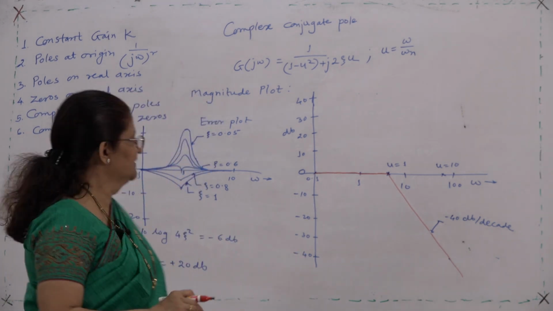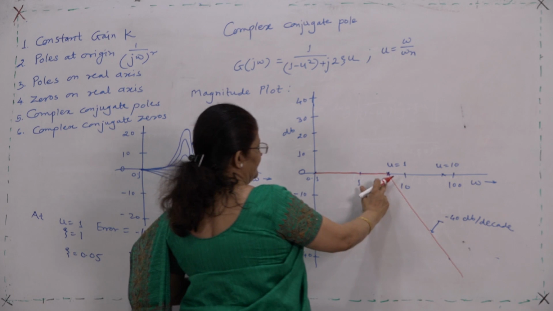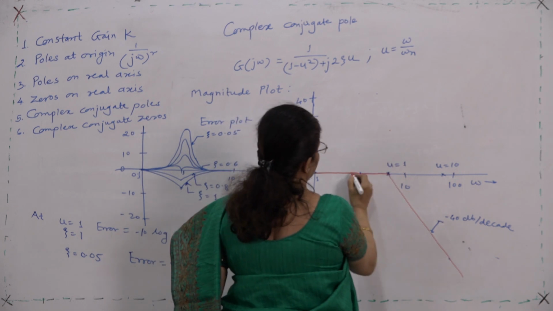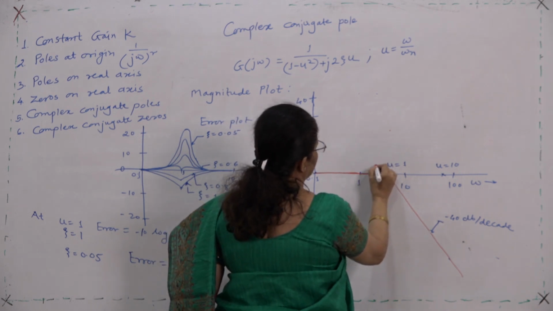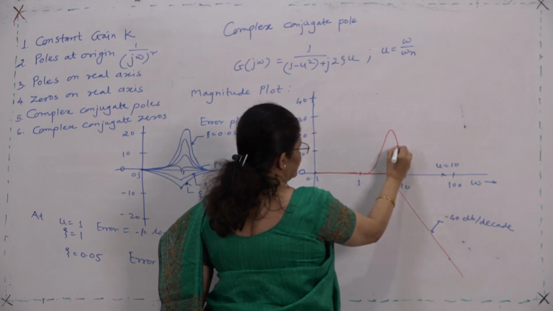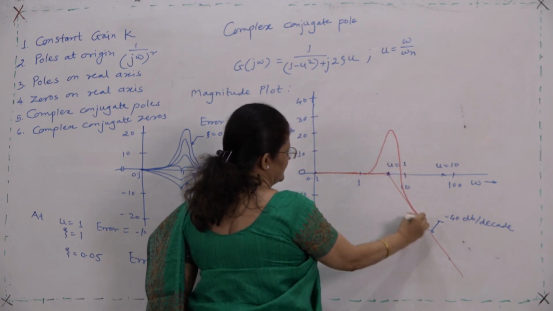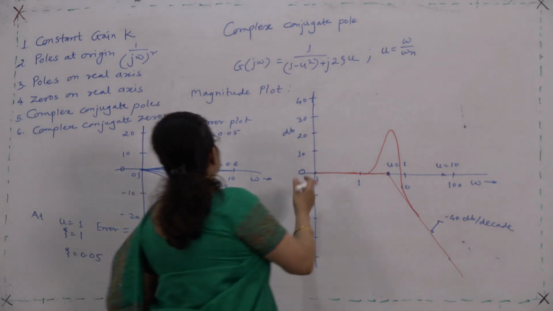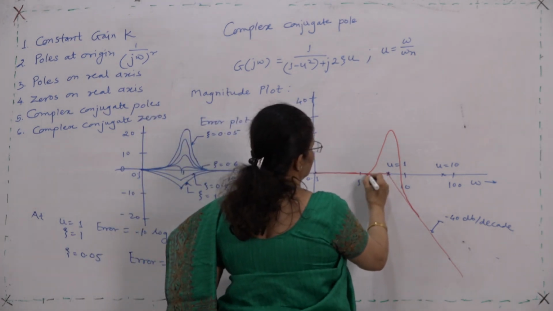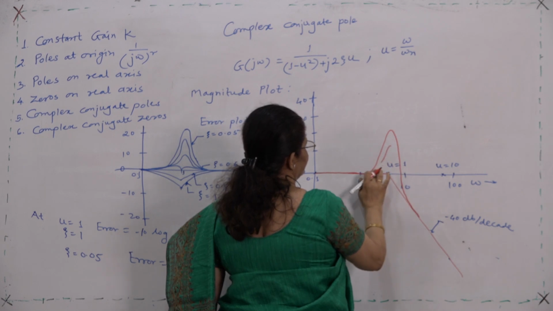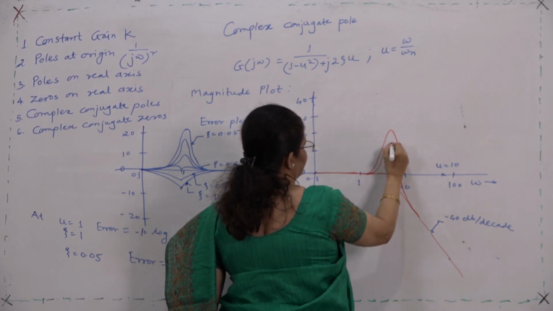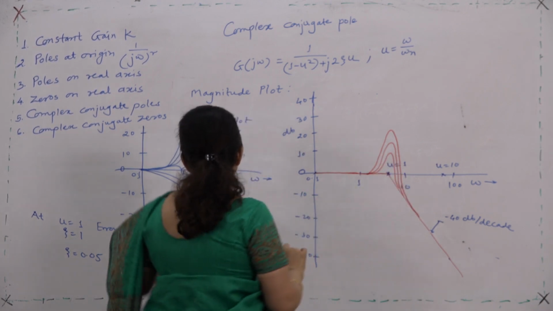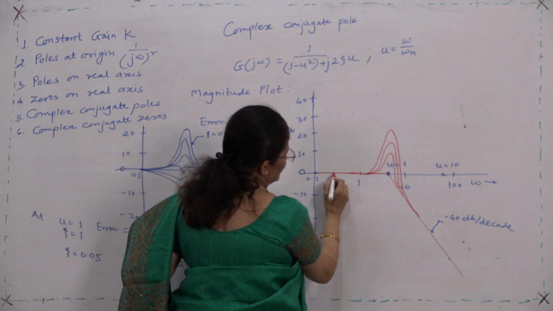So, how will you correct here? At u is equal to 1, if zeta is 0.05, the error is 20 dB. So, you will get here actual plot will be maximum error, then error goes on decreasing and it is connected to the asymptote. When zeta is greater than 0.05, you will get less error, like this, and when zeta is 1, what you will get?